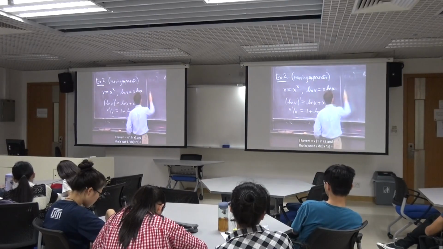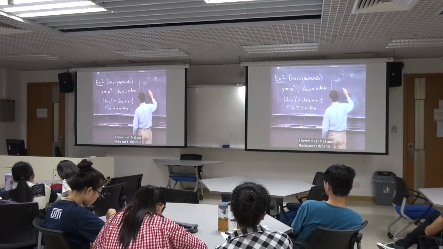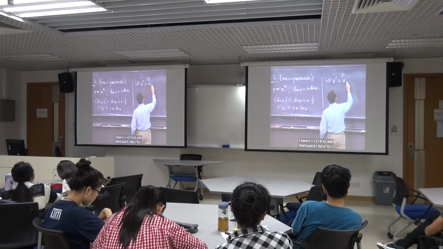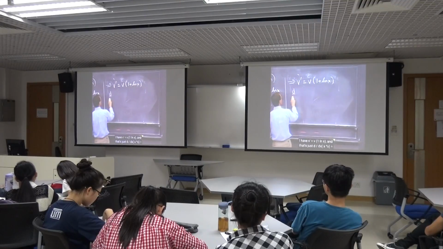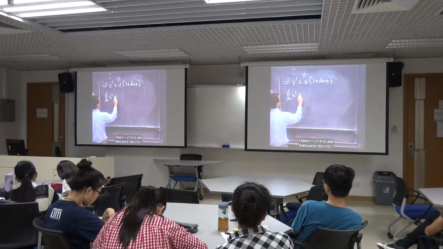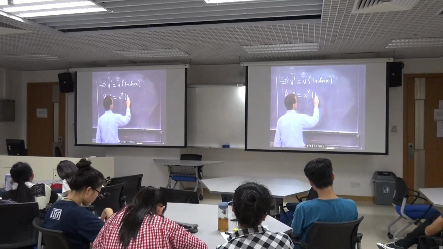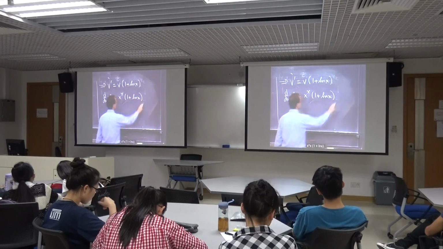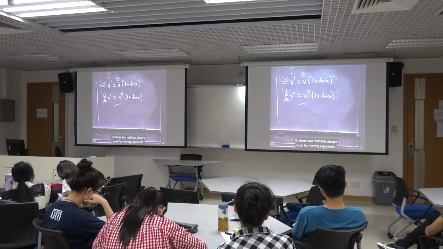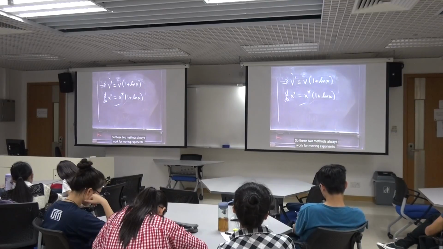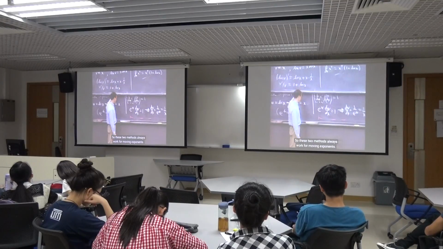I have v prime is equal to v times 1 plus log x, and that's just d by dx, x to the x is equal to x to the x times 1 plus log x. Right, that's it. So these two methods always work for moving exponents.